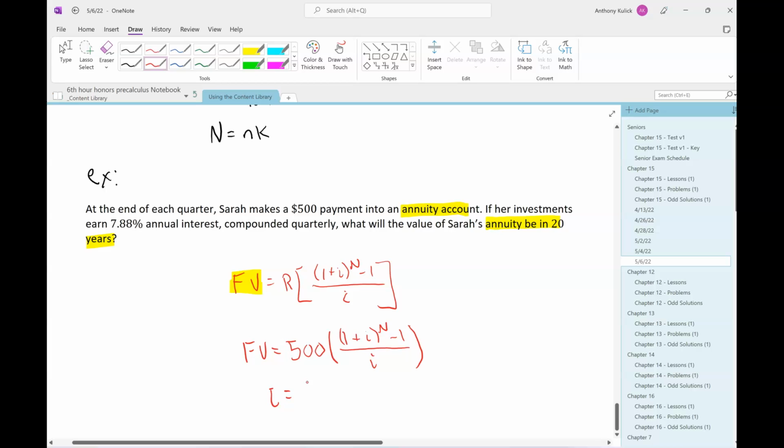What is r in this case? Little r. That's the 7.88. And what is the K in this case? 4. And then cap N is little n, which is how much? 20, that's the length, and then times K again.